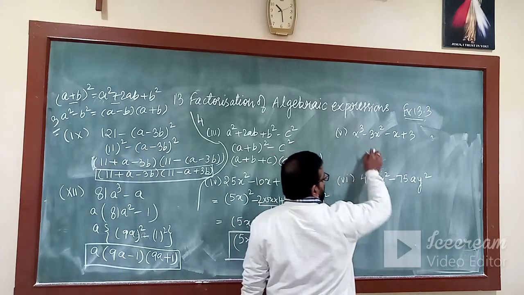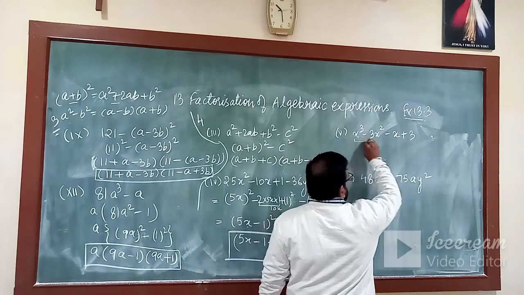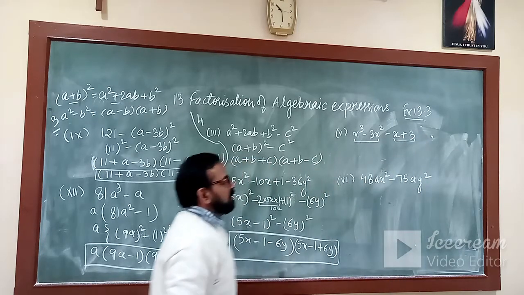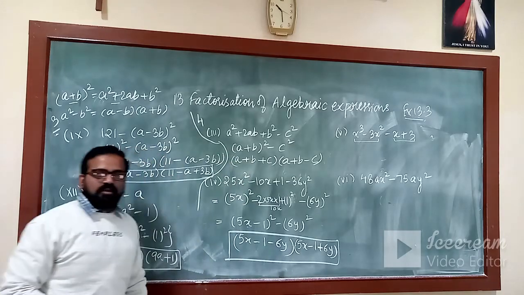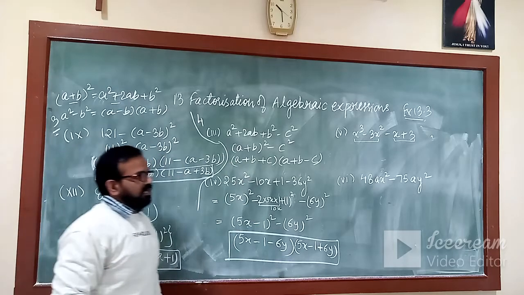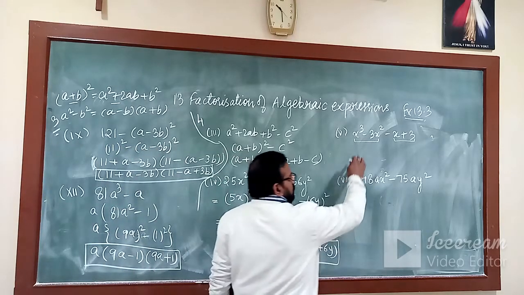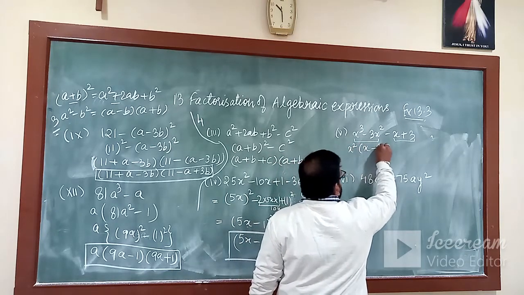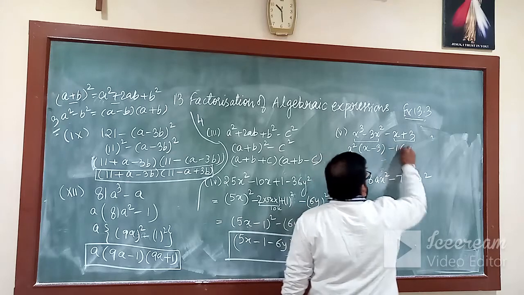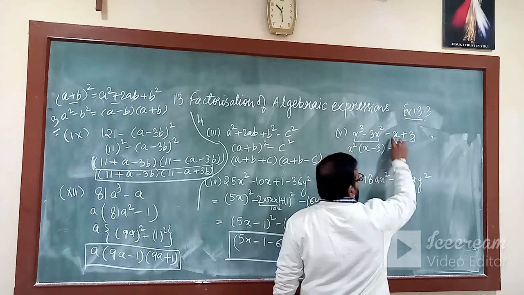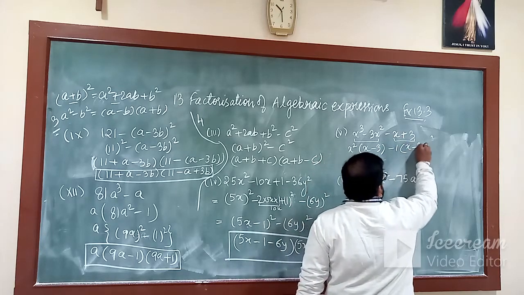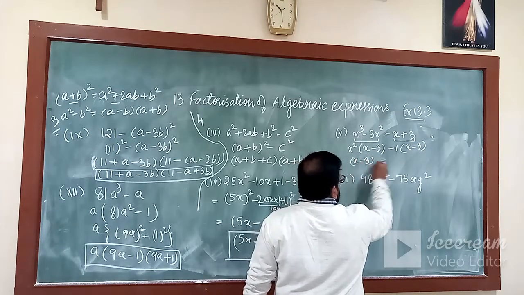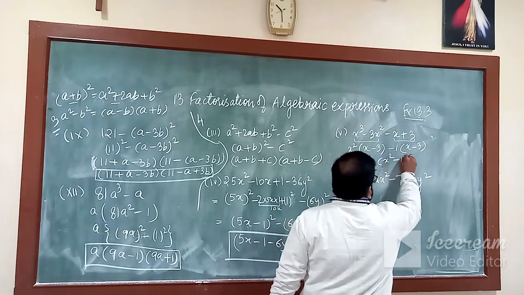Then moving on to this. So this, if you see very carefully, these are the two groups. So don't get confused that we are studying the identity problem, so we will be getting the identity problem only. So this we can solve by making the groups. I will take x square common, it becomes x minus 3. And what do I need? x minus 3, so again I will take minus 1 common. So it is x minus 3 into x square minus 1.